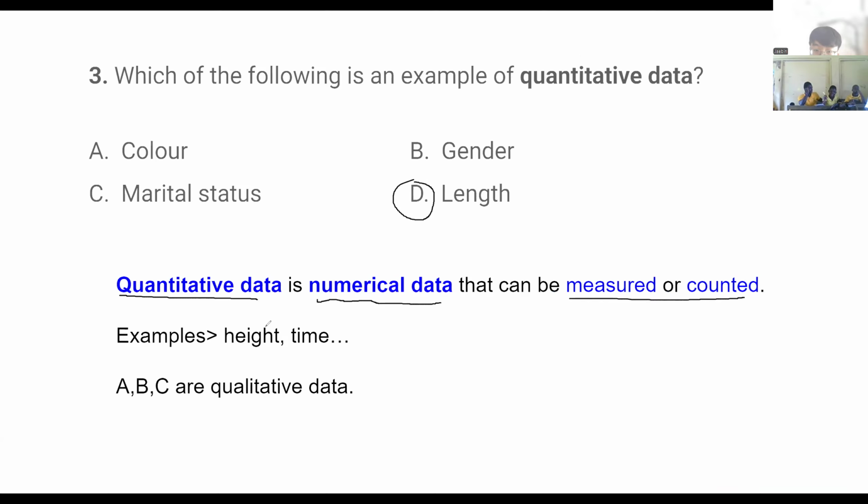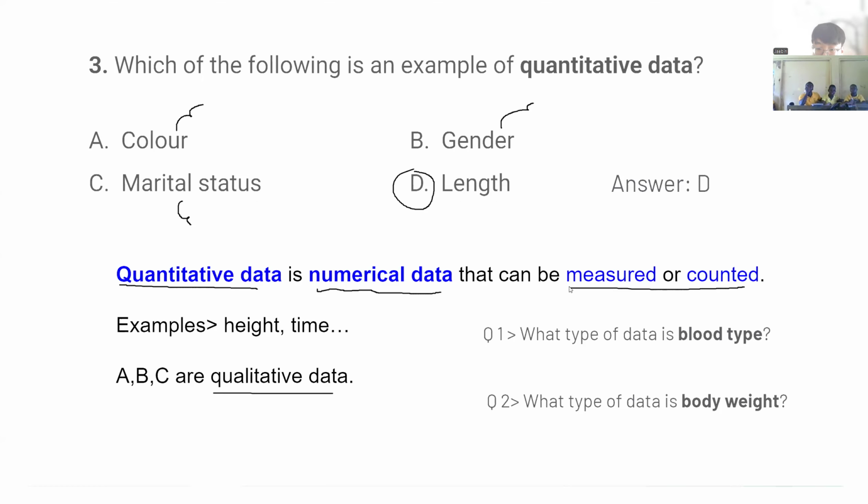So examples are like height, time, and length as well. But A, B, and C are qualitative data. So qualitative data cannot be measured or counted. So colors cannot be measured, right? And cannot be counted. Gender cannot be counted as well. And marital status also cannot be counted. They are called qualitative data, not quantitative. So yeah, the answer is D for this one.